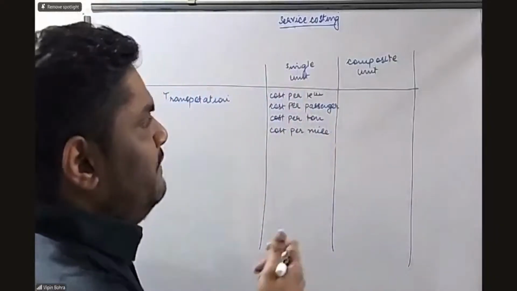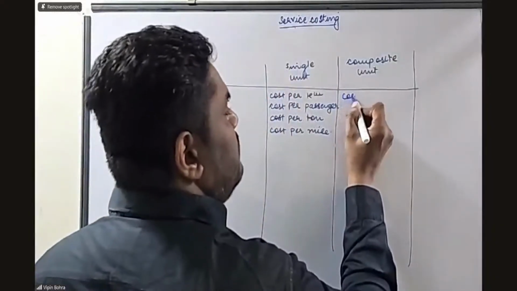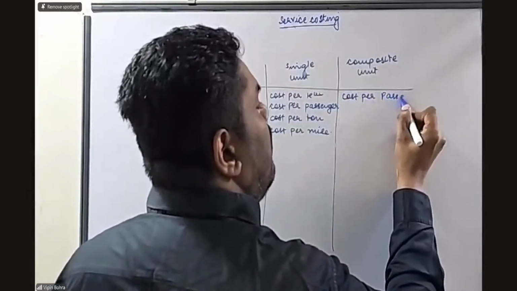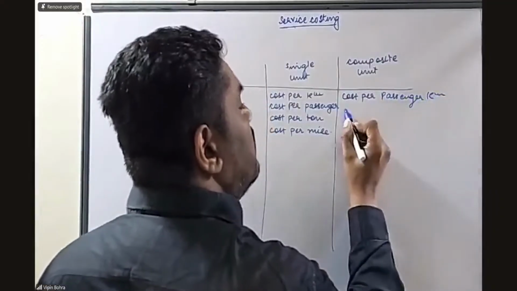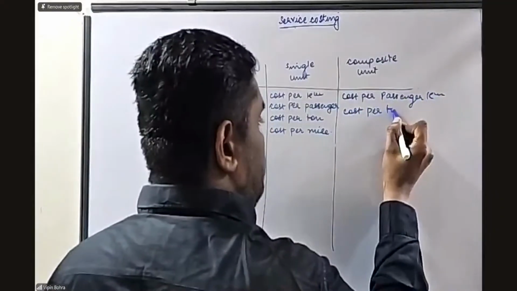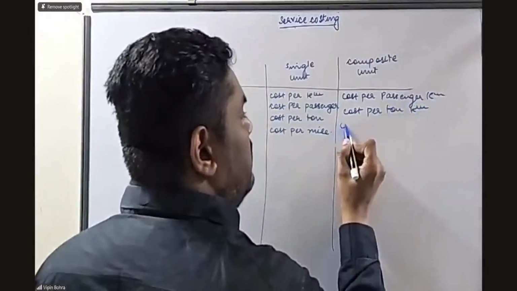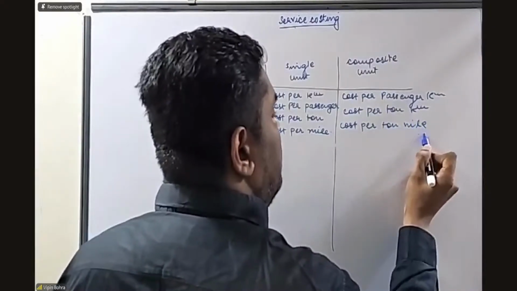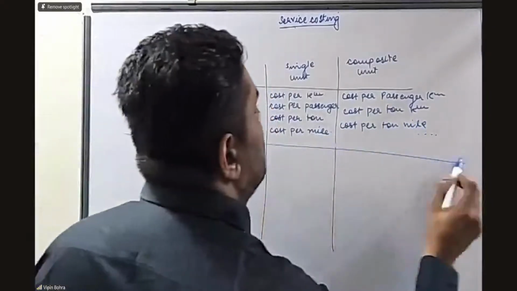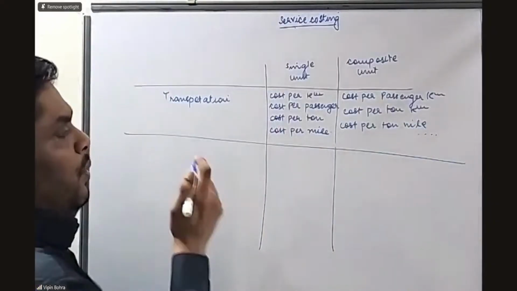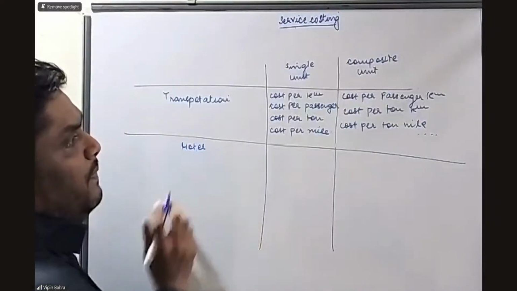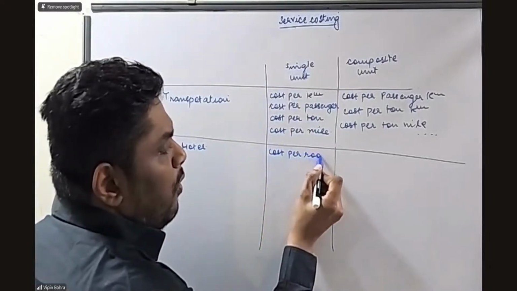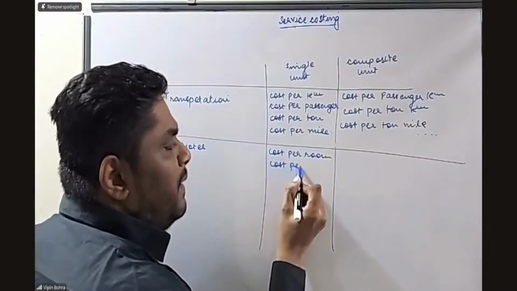In the transportation industry, when talking about composite unit, it can be cost per passenger kilometer, cost per ton kilometer, cost per ton mile, etc. When talking about the hotel industry, the single unit can be cost per room, cost per day.